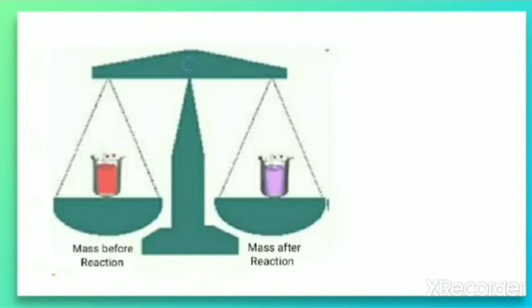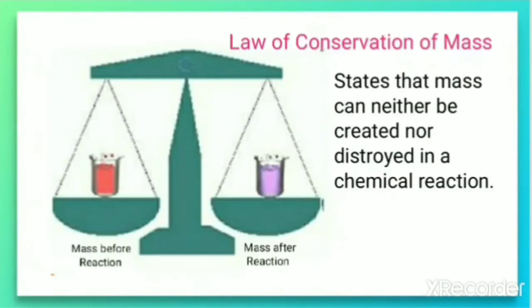Thus, we can say that the law of conservation of mass states that mass can neither be created nor destroyed in a chemical reaction. All of you have to note this law down: mass can neither be created nor be destroyed in a chemical reaction.